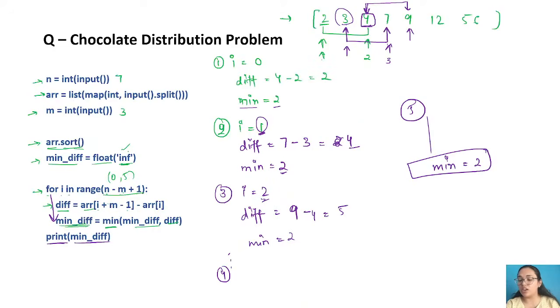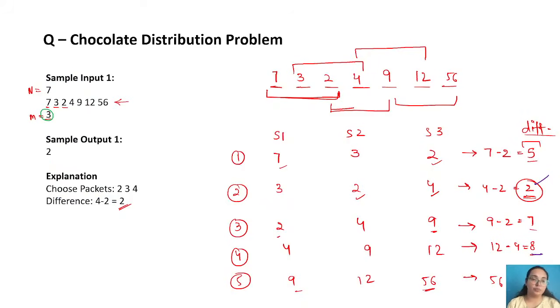Although the numbers are consecutive here, let's assume that you have an array something like 7, 3, 2, 9, 12, 4 and 56. If this is your array, then in this array also you will get the same answer, that is 2, 3, 4, because in the question they haven't told you that the packets you're distributing should be consecutive.